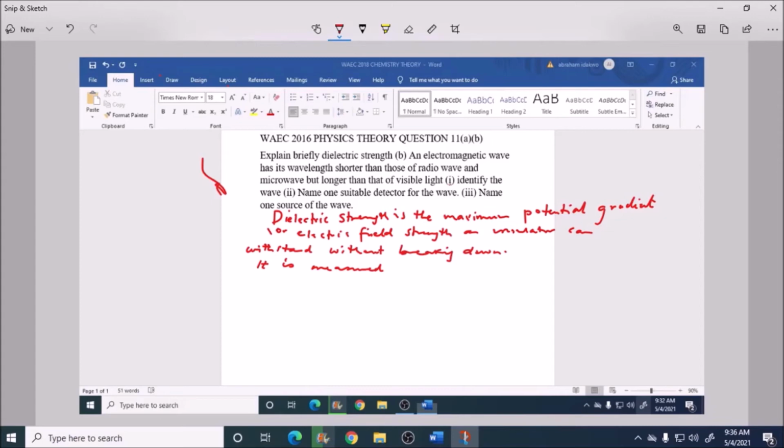Now the second question says name one suitable detector for the wave. That's number 2 in Roman figure, and that is to name a suitable detector.